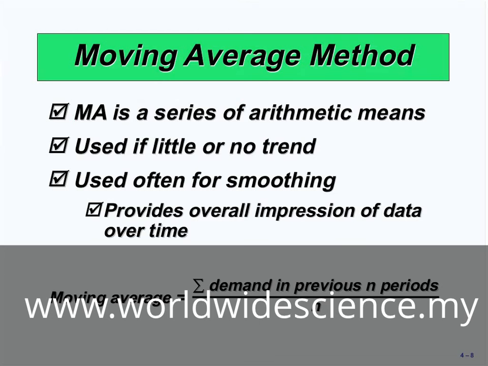The moving average formula is given in the previous N periods. Previous N periods means, for example, the previous 3 months, 5 months, or 6 months. N means the number of months that you want to use. But the standard for moving average is 3 months and 5 months. So N takes only two forms, 3 or 5.